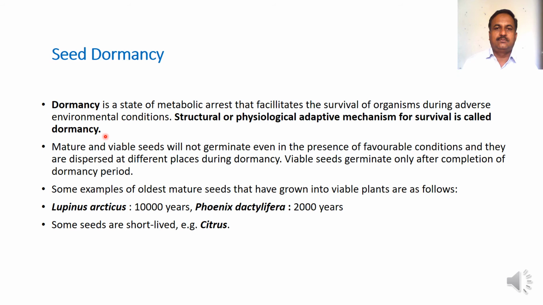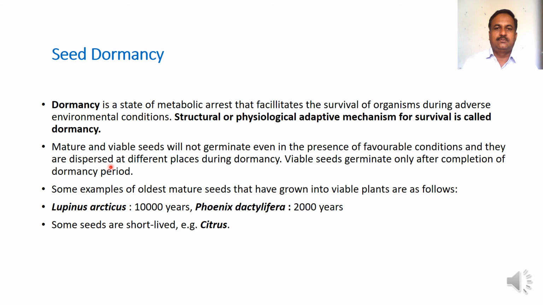Mature and viable seeds will not germinate even in the presence of favorable conditions, and they are dispersed to different places during dormancy. Viable seeds germinate only after completion of the period of dormancy.